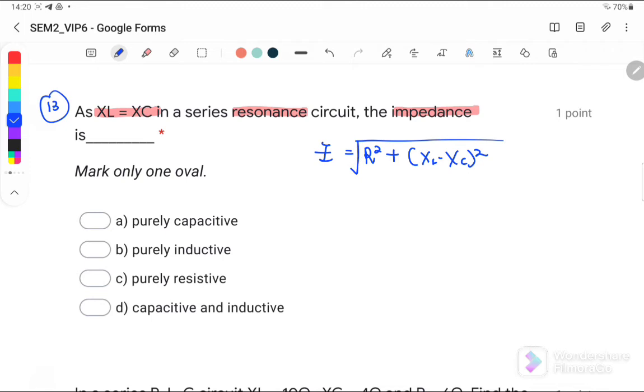When resonance happens, XL equals XC, so this term becomes 0. Therefore the impedance is equal to the square root of R squared, which is R. So the impedance is purely resistive, and the answer here is C.